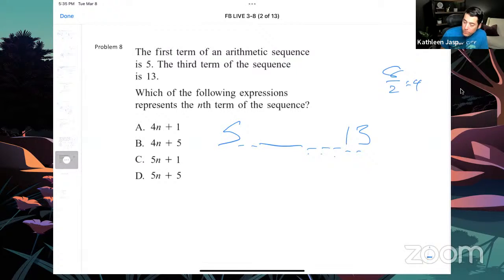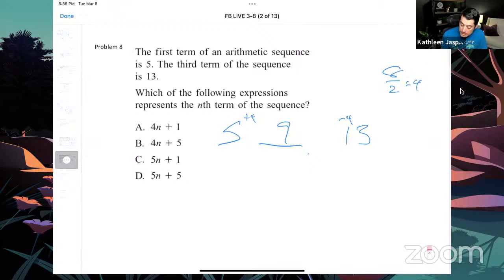That means if I go 4 each way, plus 4 here and minus 4 here, well, 5 plus 4 is 9, and 13 minus 4 is also 9. Because I've got 4 on each side, that's going to be that missing middle term.